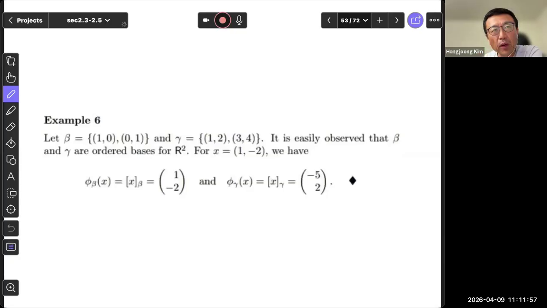As an example, when beta is the standard basis in R2, any vector x, say (1, -2), phi sub beta maps x to its coordinate, which is (1, -2).